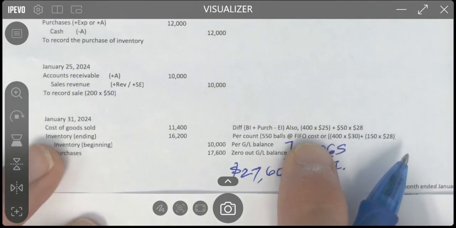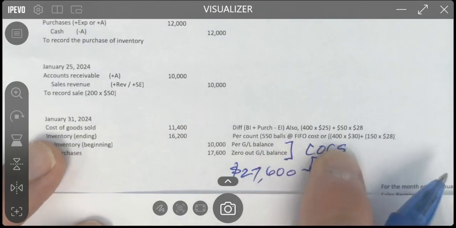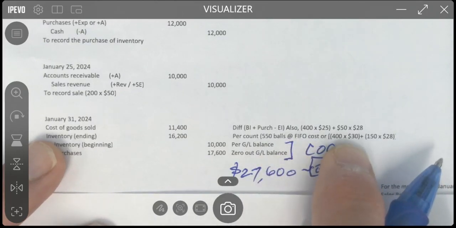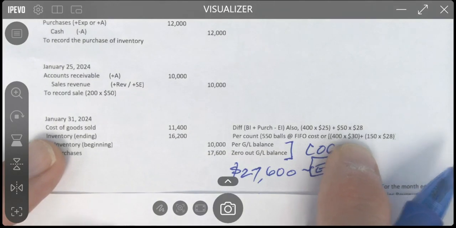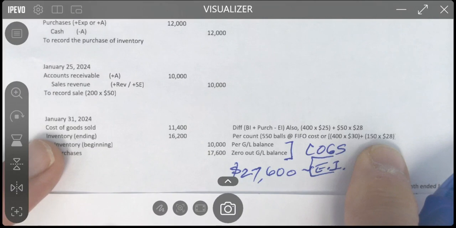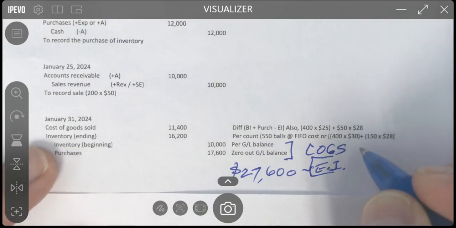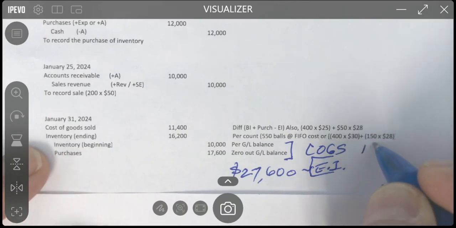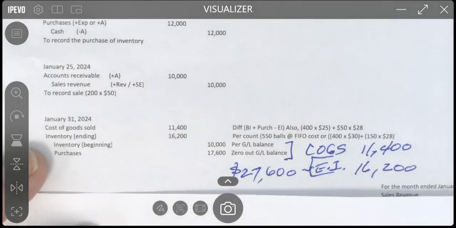Or you can do the ending inventory, which at FIFO is 550, which is 400 from the purchase, all of the purchase at 30, and 150 of the 200 purchased at 28, or 16,200. So cost of goods sold is 11,400, and ending inventory is 16,200.